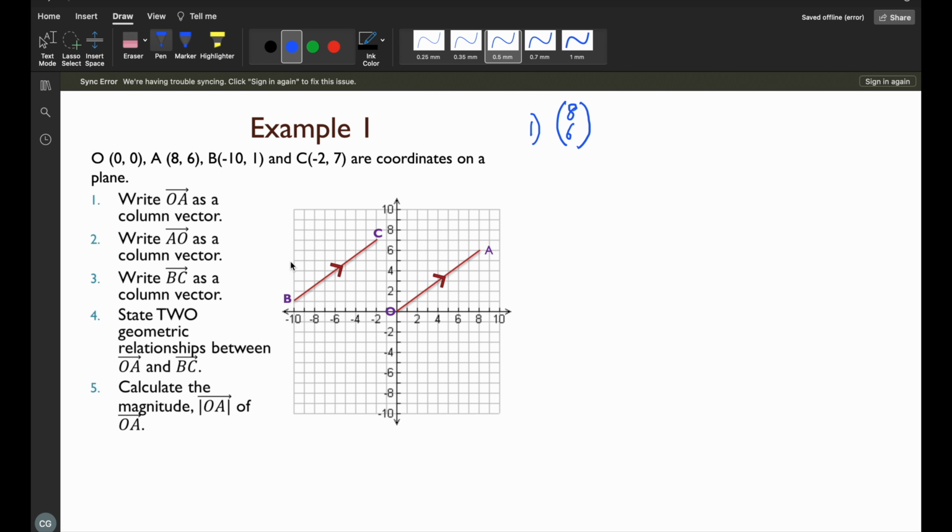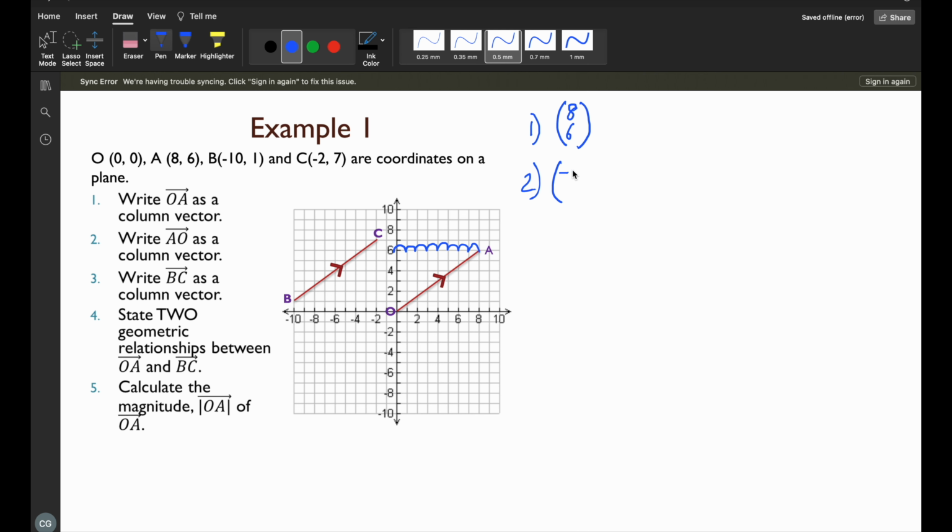Now check this out. Instead of going from O to A, now I'm going from A to O. Always remember we move left to right first. So going from A to O, we go 1, 2, 3, 4, 5, 6, 7, 8. Now, moving left to right, I moved left. So I should write my 8 as what? Yeah, it represents x, but what 8 will I be using? Positive meaning for x means left or right?